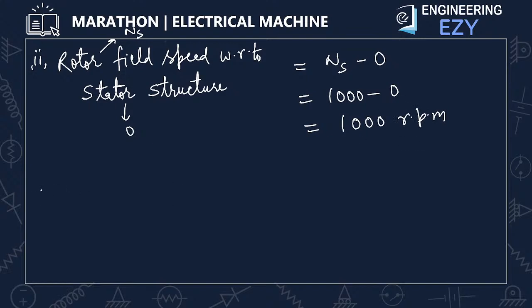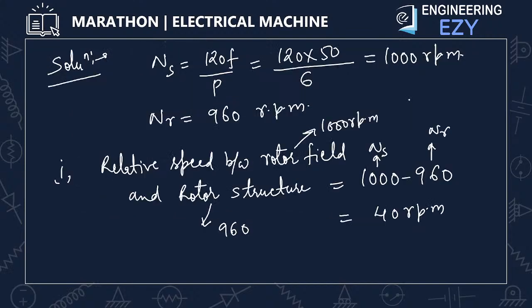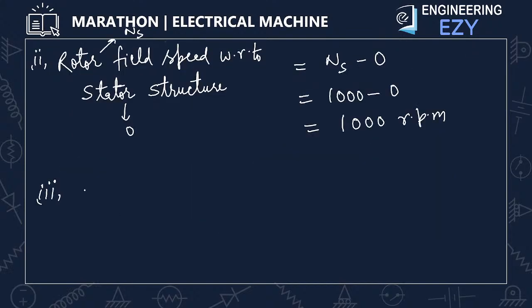Now the third case. The third case is the rotor field speed with respect to the stator field. The rotor field with respect to the stator field is stationary because both are running at Ns speed, so the relative speed is zero.